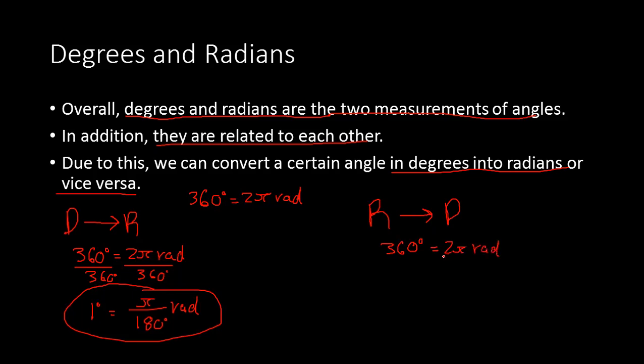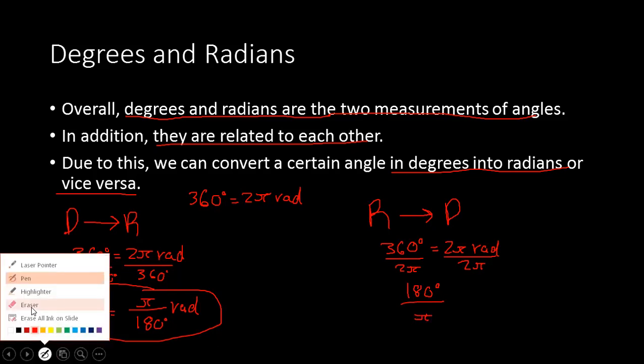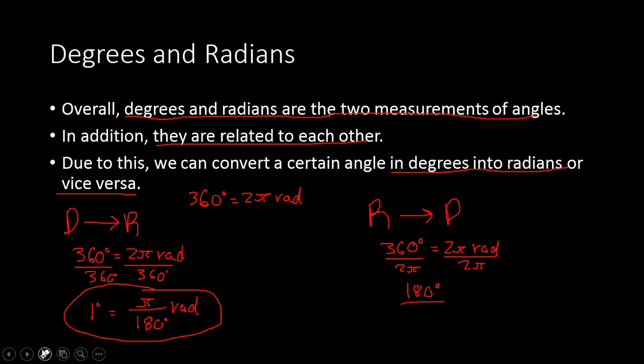Now, we're going to divide both sides by 2 pi. All right? So the result here is we will have 180 degrees all over pi. Let me just fix the pi symbol.